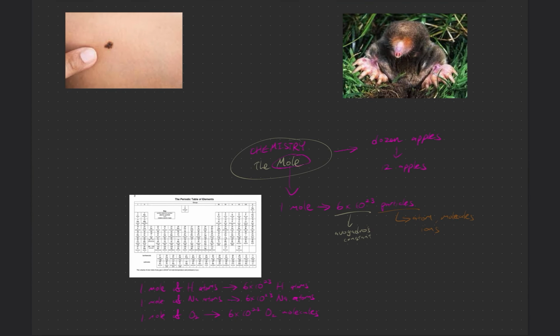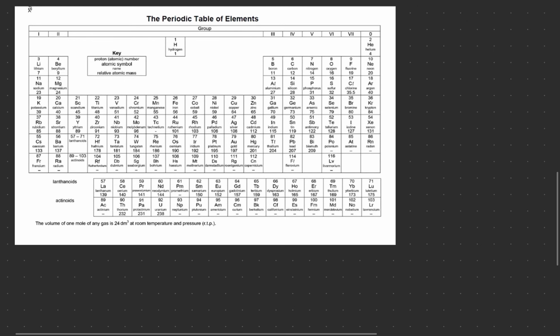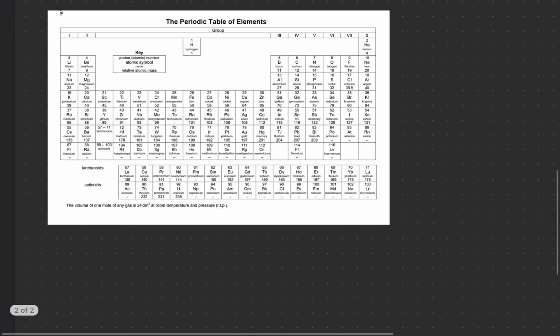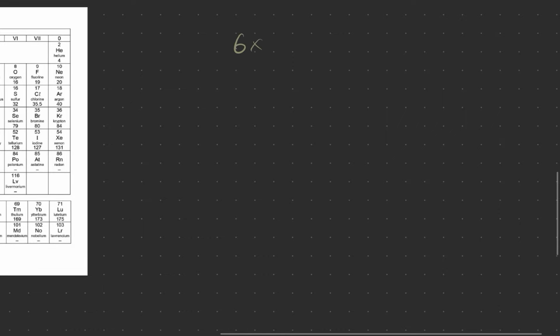So how do we get the mole? There are many ways we can derive the mole. Firstly, I'm just going to tell you how to get a mole if you have the number of particles. Let's say I know that I have 6 times 10 to the power of 23 potassium atoms.